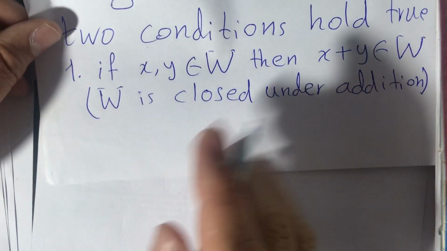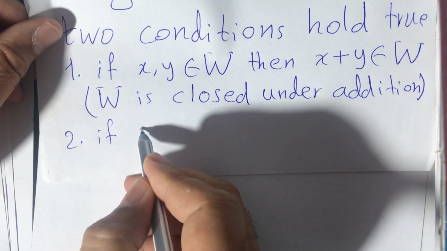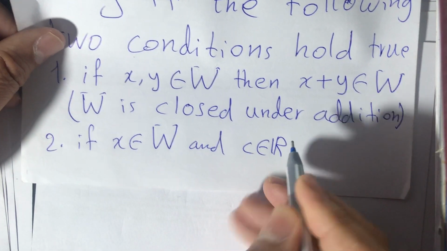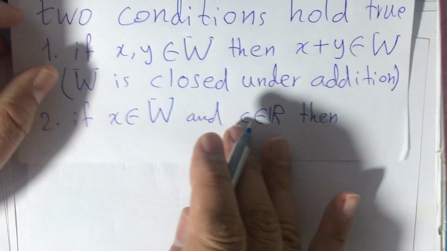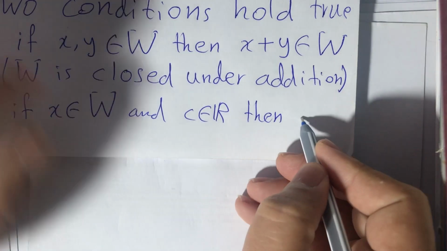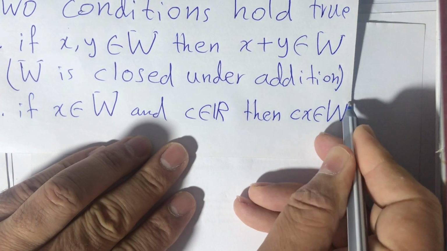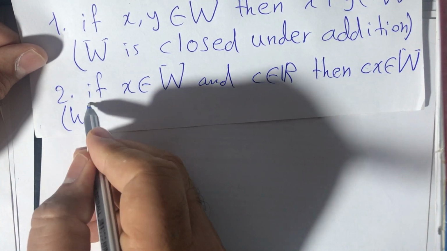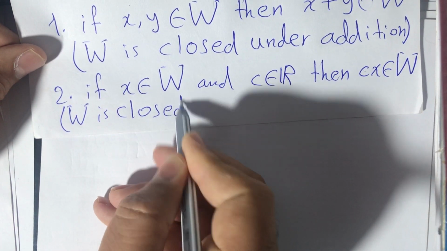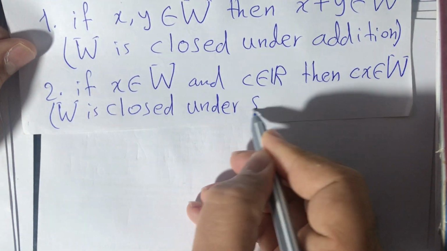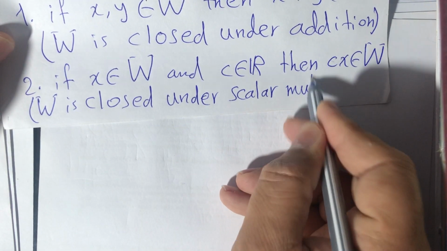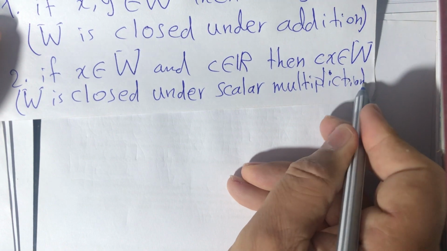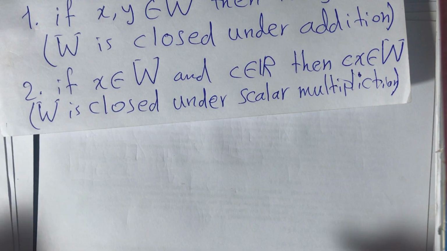And number two, if x belongs to W and c belongs to R, then cx belongs to W, and we say W is closed under scalar multiplication. And this is page number 7.